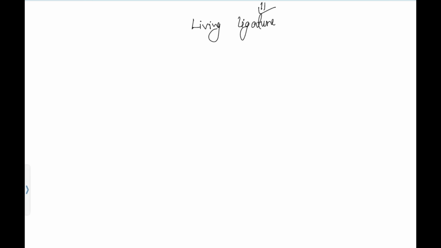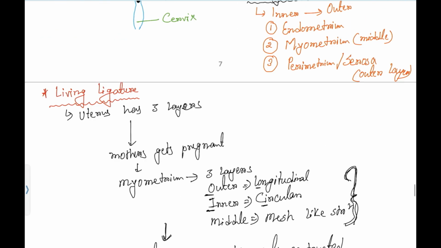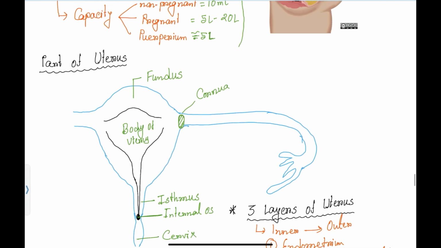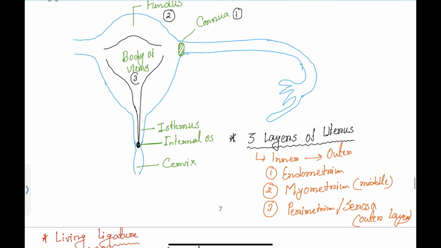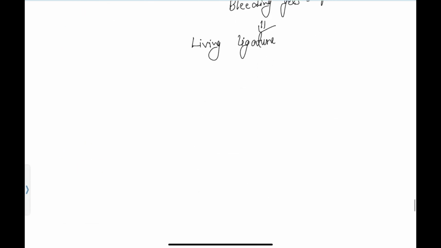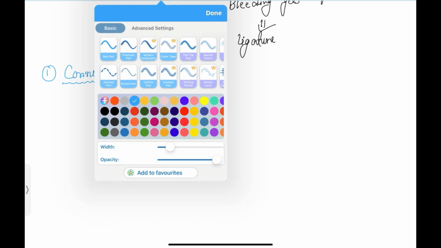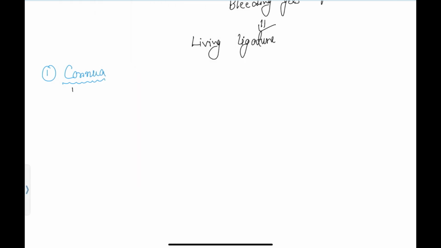Now the main things, that is, the different parts of your uterus. As I already discussed, let's label them: the first part is cornua, the second part is fundus, the third part is the body of the uterus, and the fourth part is the isthmus. So let's discuss the cornua. What things do you need to remember from the cornua portion?